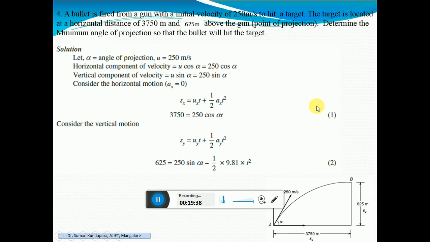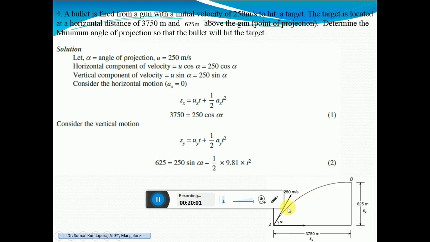Okay. So the target point distances are given, the horizontal distance and the vertical distance above the gun. If the gun point is at A, the horizontal distance is 3750 and the vertical distance is 625. Say the point B is the target point.